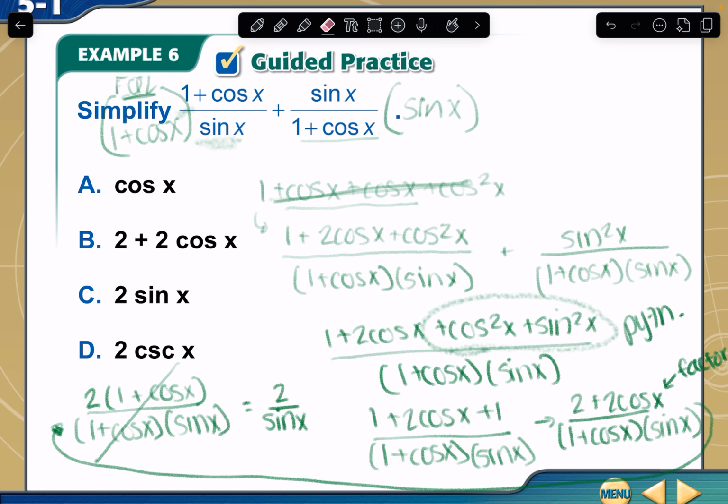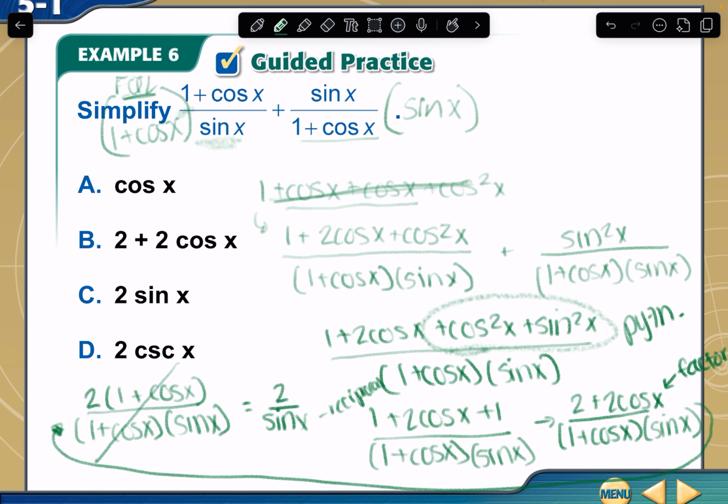So if I have sine in the denominator, I'm going to think about how I can move that to the numerator. This is where your reciprocal identities are going to come into play. The reciprocal of sine is cosecant.